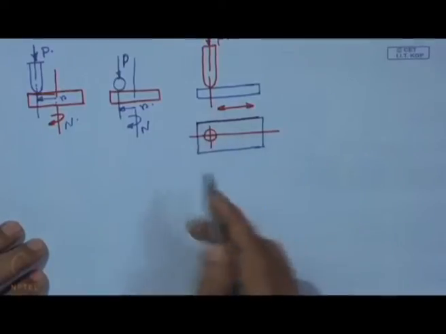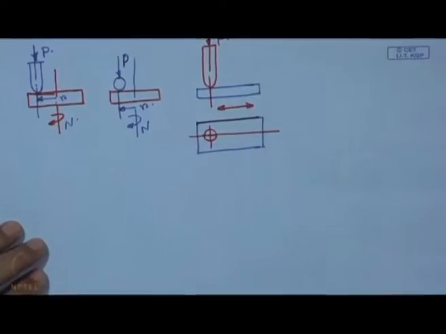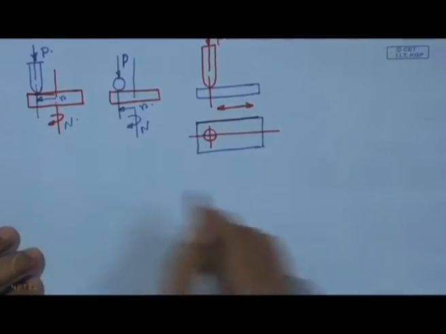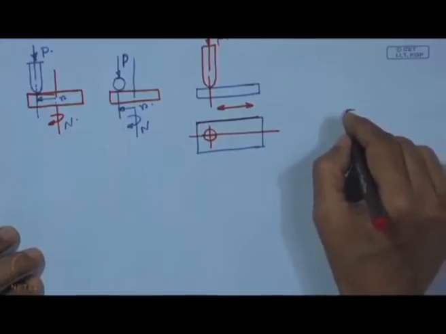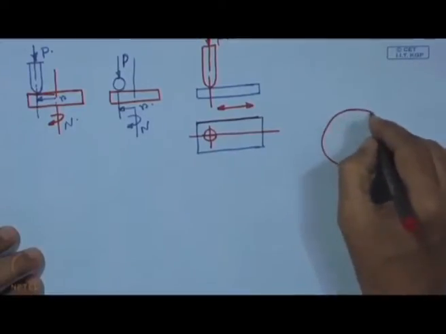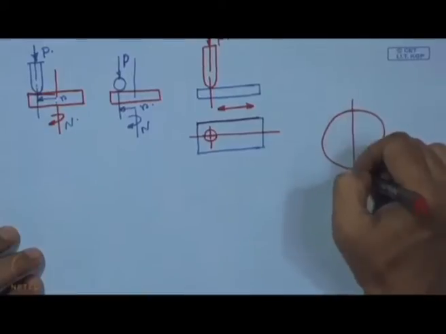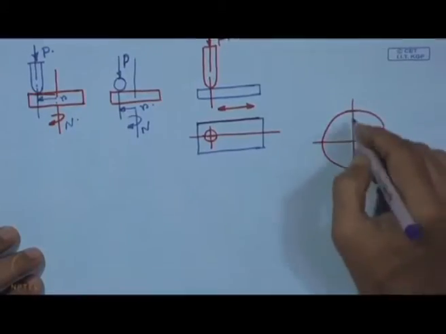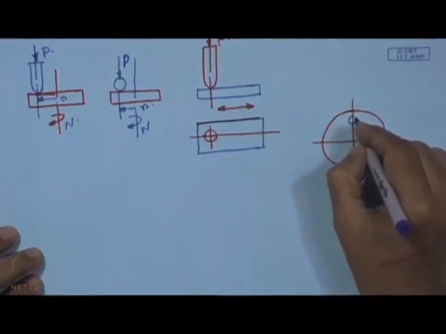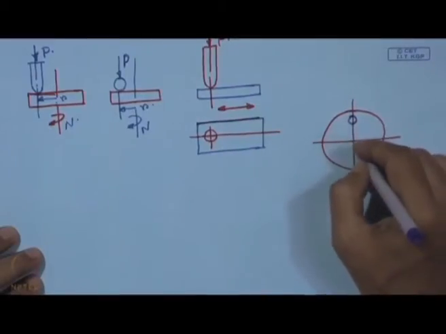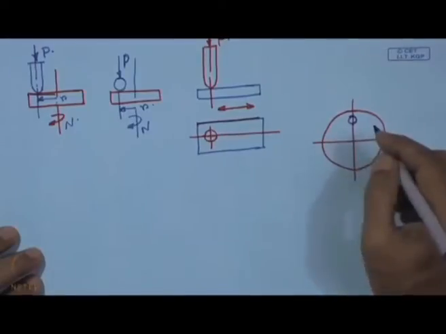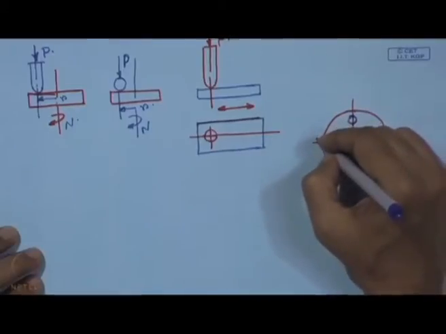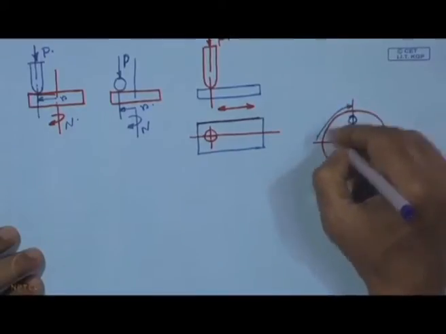We can also have a similar thing with the disc. Here we can show it from the top view. This is the disc, and here we can position either the ball or the pin, and instead of a continuous rotation, it will have an oscillatory motion, say through a quarter of a turn.